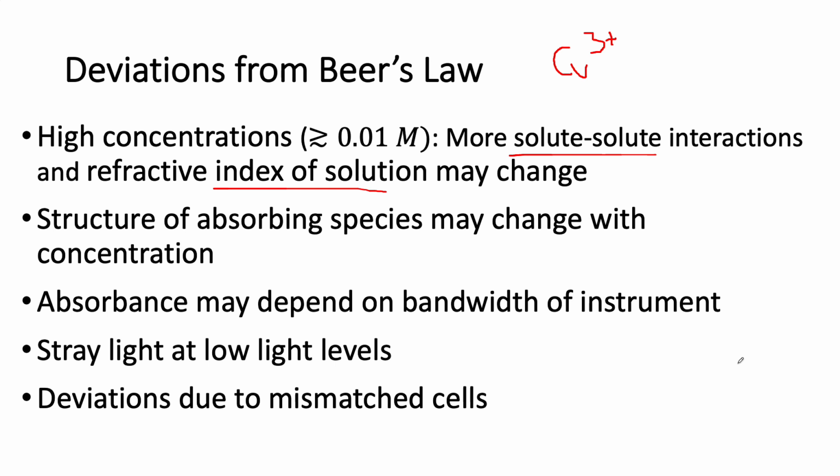You had to somehow calibrate the instrument so that you knew when you had 100% light or 0 light. Well, if the cell you put in there for the 100% isn't exactly the same as the cell you're using for the sample, maybe it's scratched up, maybe the light beam is hitting the edge of it or something like that, then you can start to get deviations there.